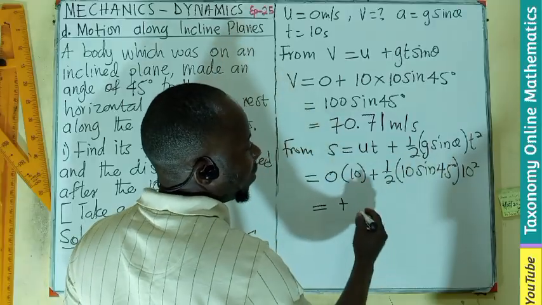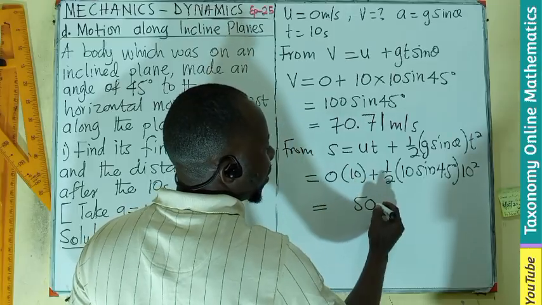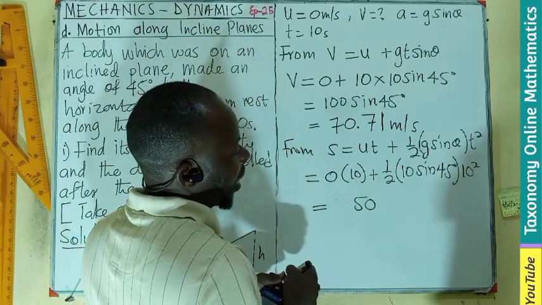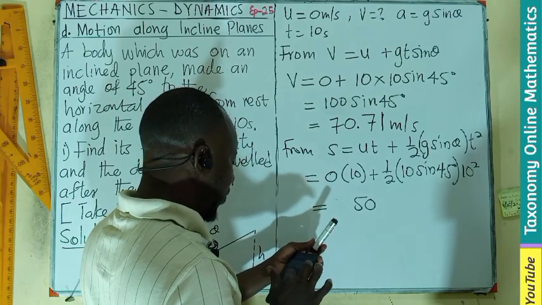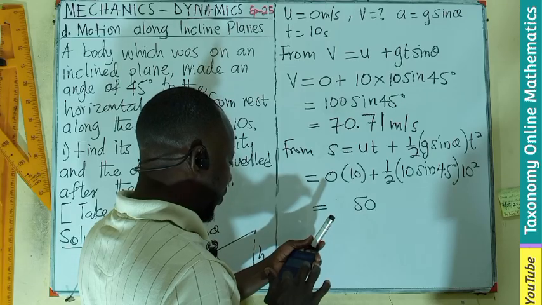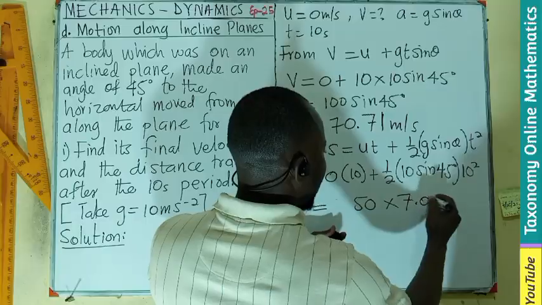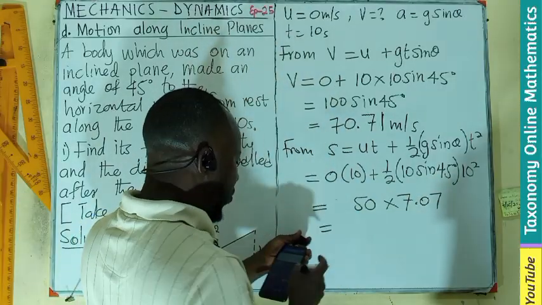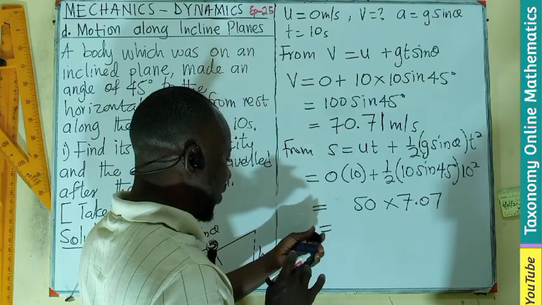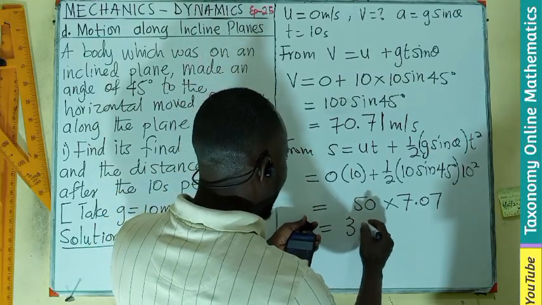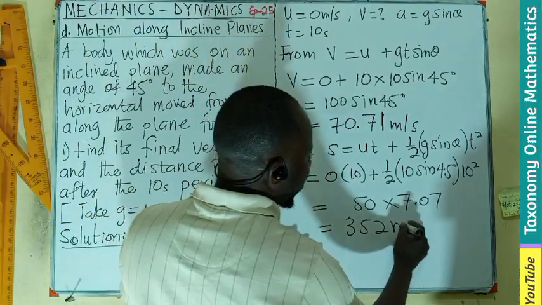Half of 100 is 50, then 10 sine 45. 10 sine 45 will give you 7.07, and if you multiply that 50 by 7.07, we should be having 352.